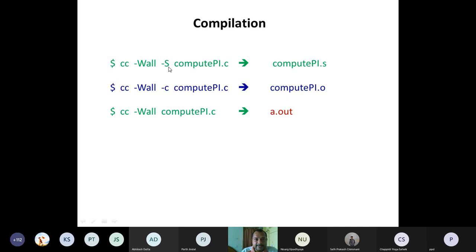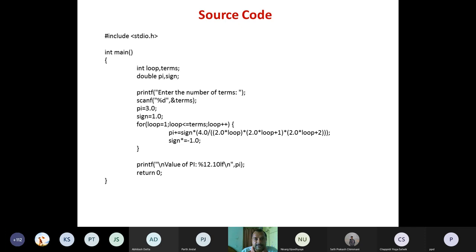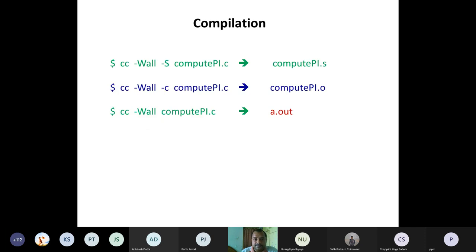So hyphen capital S, then compute pi.c, assuming this program is saved as a file named compute pi.c, will give you compute pi.s. If I just compile to generate the object file, then cc minus c compute pi.c gives compute pi.o, the object file. And if I compile without any option like minus capital S, minus small c or minus capital E, then it will generate a.out, that is my executable file.